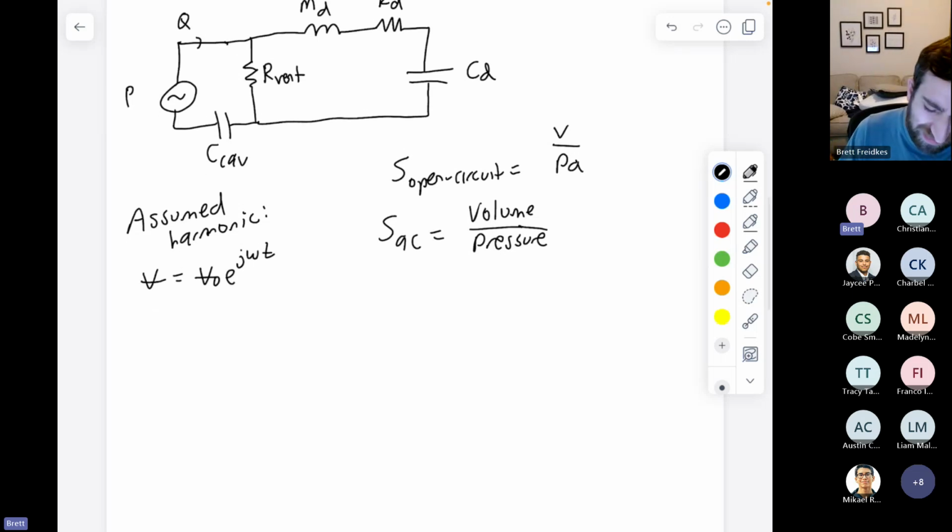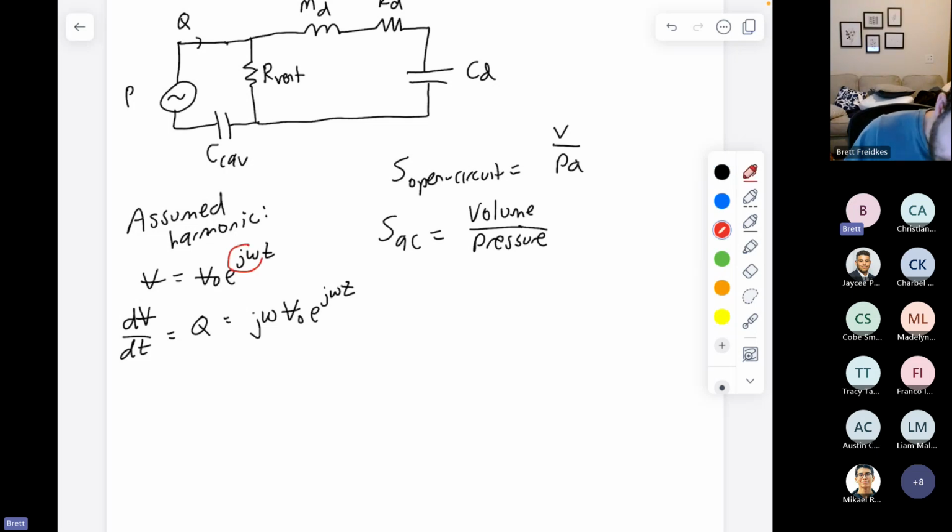And the benefit of doing this is that if you were to take the derivative of this with respect to time, that is the volumetric flow rate, the volume velocity. That just ends up dropping down a factor of j omega from the exponent.